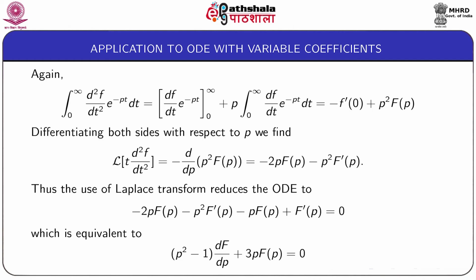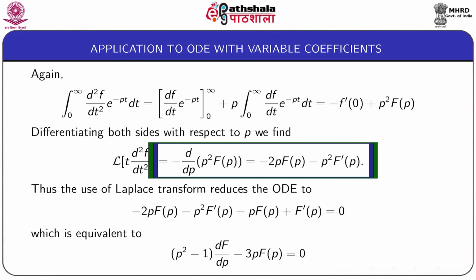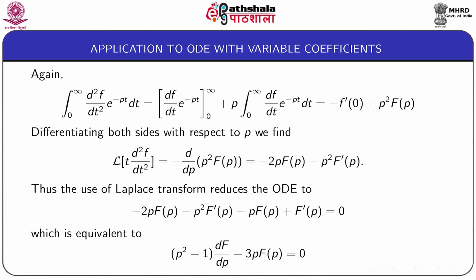Now we differentiate both sides by p to find that the left hand side is the Laplace transform of t d2f/dt2 and the right hand side is minus d/dp of p square F(p), and that is equal to minus twice p F(p) minus p square F dash p.